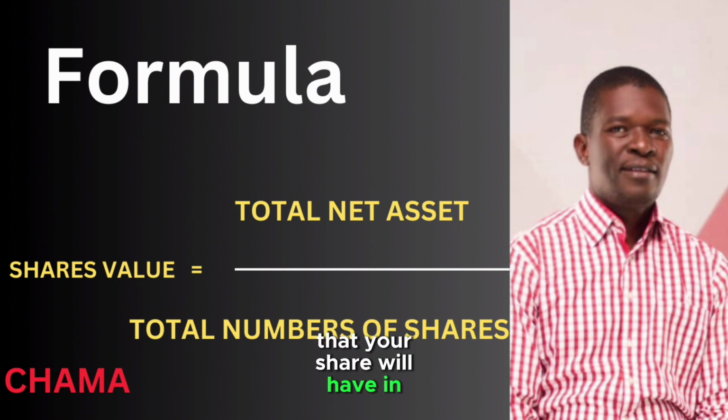For example, in the case study I've given, a group of 10 members where each is contributing one share with a price of 1,000, if the group decided to split each share into 5, the value of one share will be 200, each member will have 5 shares, and the group's total number of shares will be 5 times 10, which is 50.